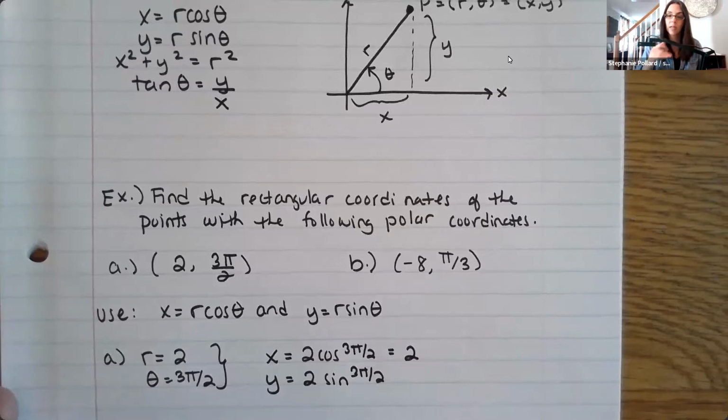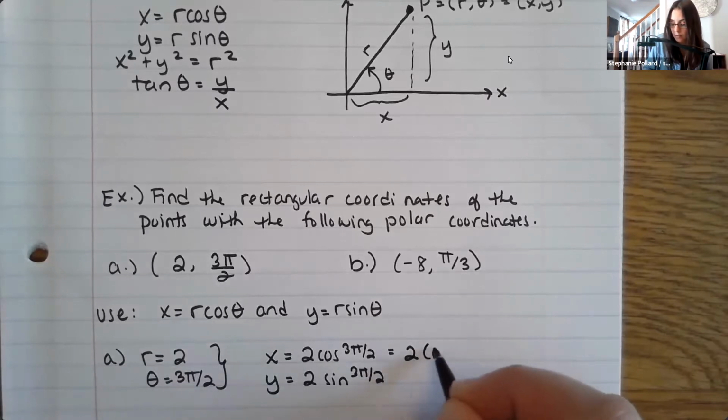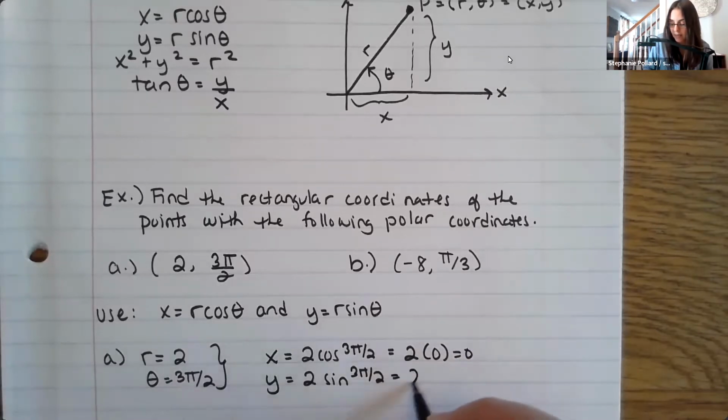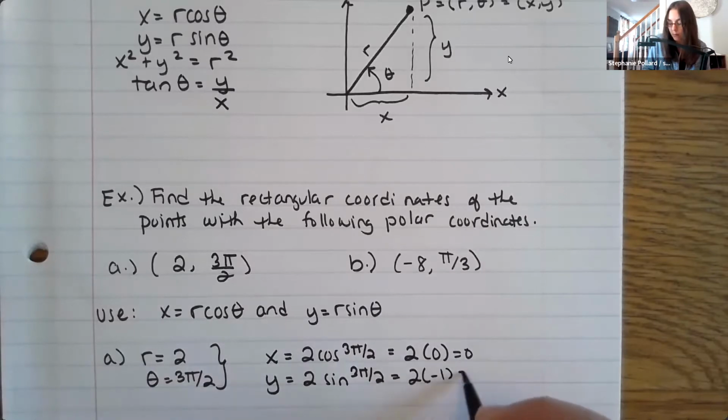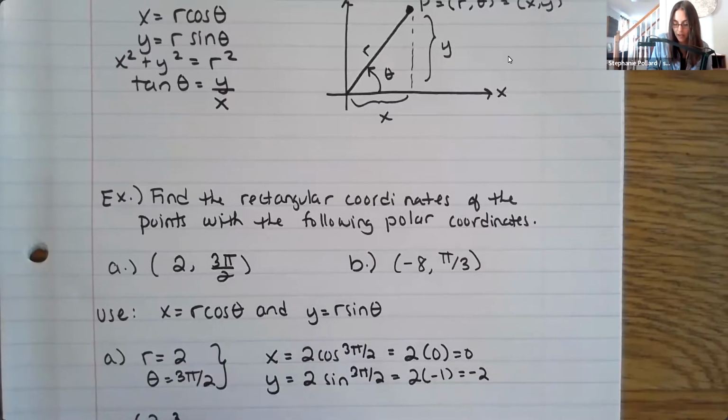Now 3 pi over 2 is at 270 degrees there, and the cosine value at that is 0. So 2 times 0 is 0. And the sine value there is going to be negative 1. So our point 2, 3 pi over 2 becomes instead 0 comma negative 2.